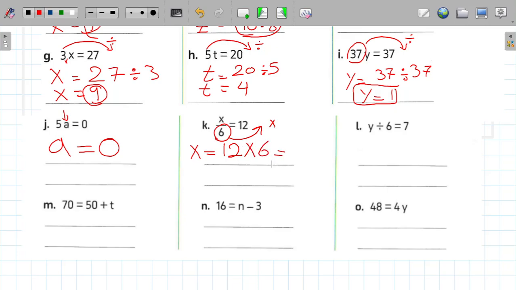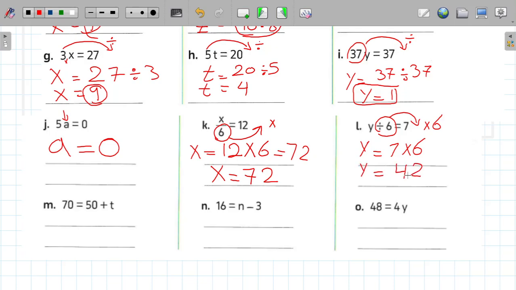And 12 times 6 equals 72. So the value of x equals 72. Next I have y divided by 6 equals 7. So I will send 6 to the other side with the inverse operation, so it will be like times 6. So y equals 7 times 6 equals what? Equals 42.